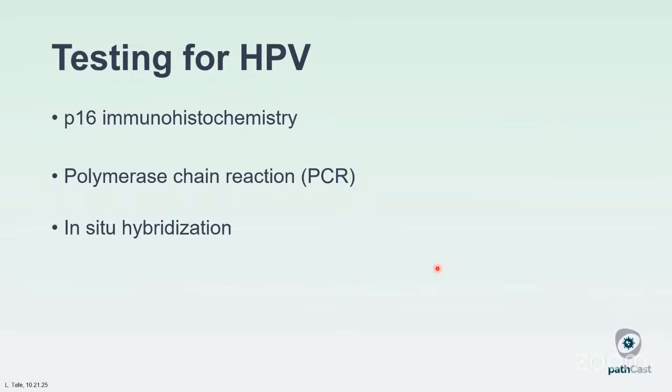However, if you are not in those locations, we can see disruption of the P53 and RB pathway by different mechanisms besides just HPV. And so P16 immunohistochemistry is not ubiquitously defined as being associated with HPV, obviously. And so it has to be context-driven. We do have PCR-based assays that we can utilize too, as well as some in situ hybridization or ISH assays.